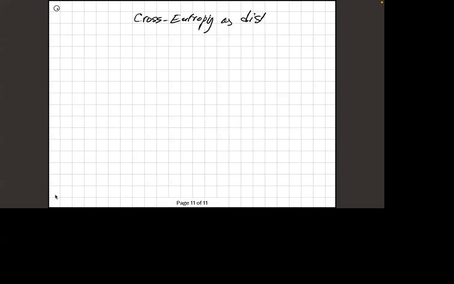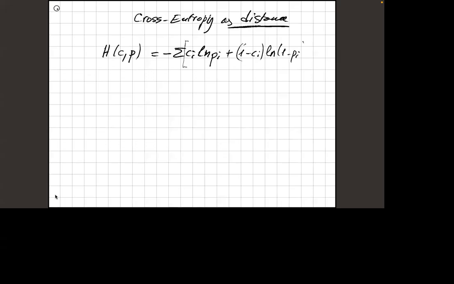I just want to write one equation: H equals minus the sum of ci logarithm pi plus (1 minus ci) logarithm (1 minus pi). To understand this, you need to dive deeper into information theory and understand the entropy stuff. But this is your measure of distance.